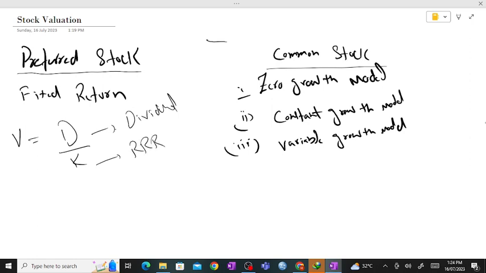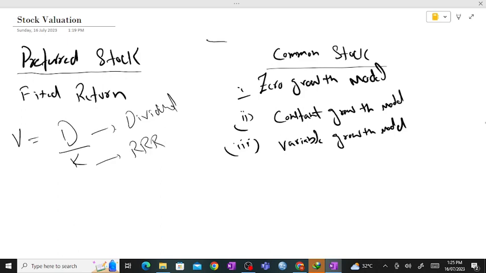Let's take an example to solve these questions. From an exam point of view, you will normally get questions on common stock models, but we will go through preferred stock to get an understanding.